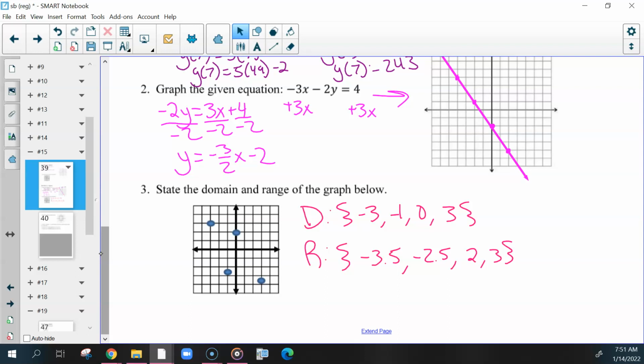If yours were spot on, whatever the points were, then that's fine. But for mine, I just chose random decimals, -3.5, -2.5, and then 2 and 3. Do we have any questions on those 3?